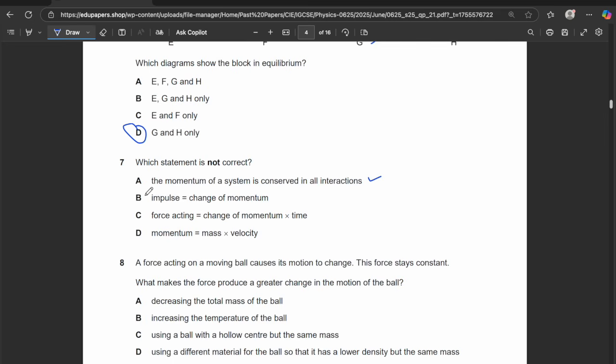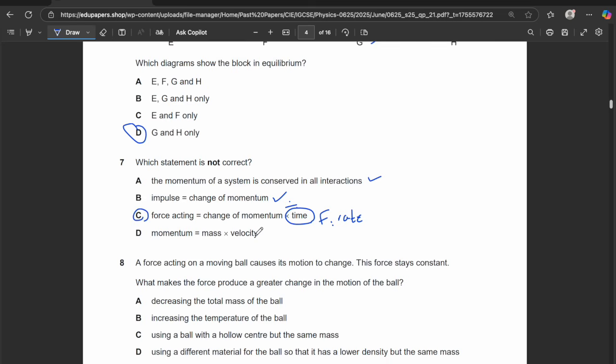B, impulse is equal to change of momentum. This is also true, just another name. C, force acting is equal to change of momentum times time. Well, actually force is equal to rate of change of momentum, which means time will be divided instead of multiplied. So this is the wrong answer.